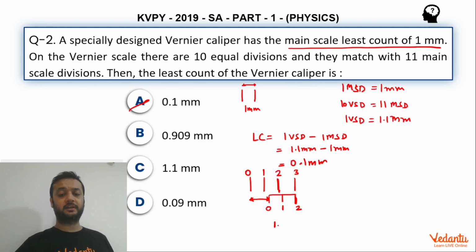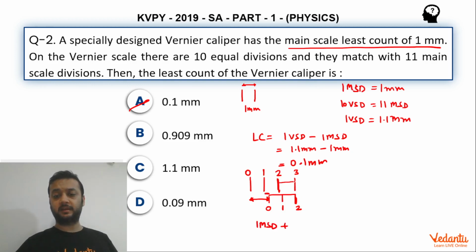So we are going to say 1 main scale division plus 2 into least count. Actually this distance is 2 into least count, which is easy to see.